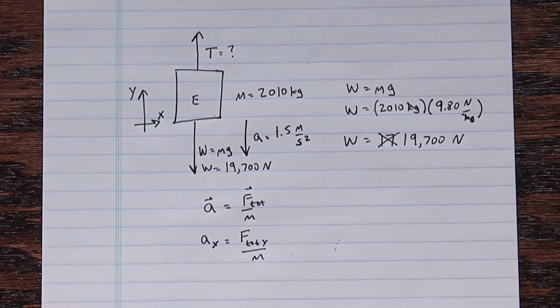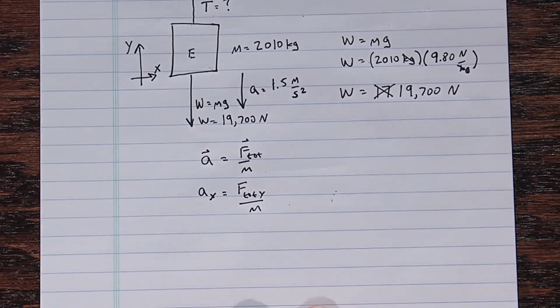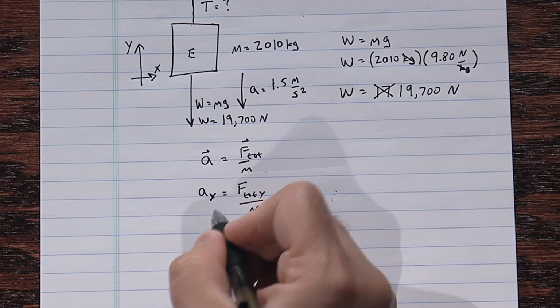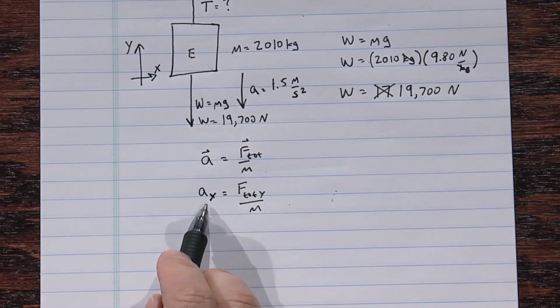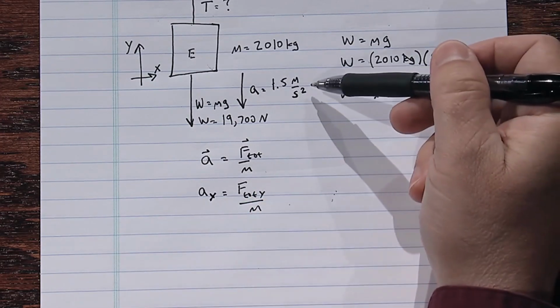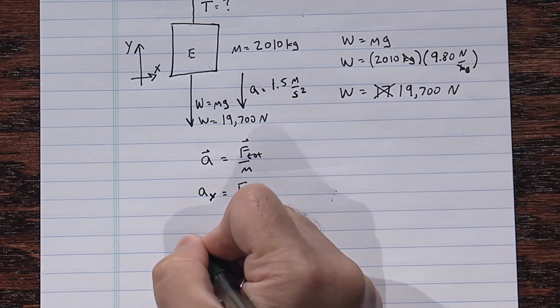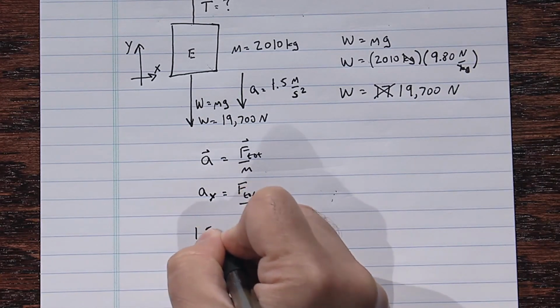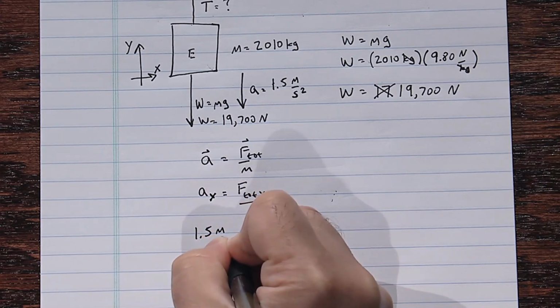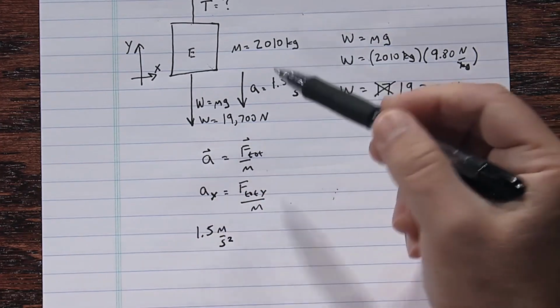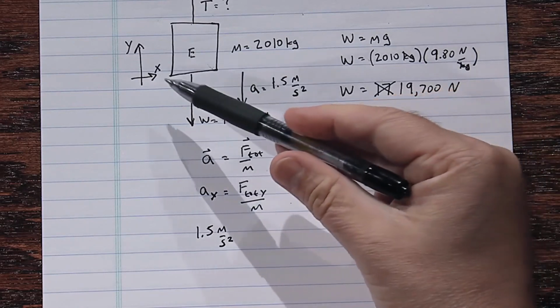Slide this up just a little bit. And so we can start filling in with what we know. The acceleration in the y direction is 1.5 meters per second squared. But it's not in the positive y direction.